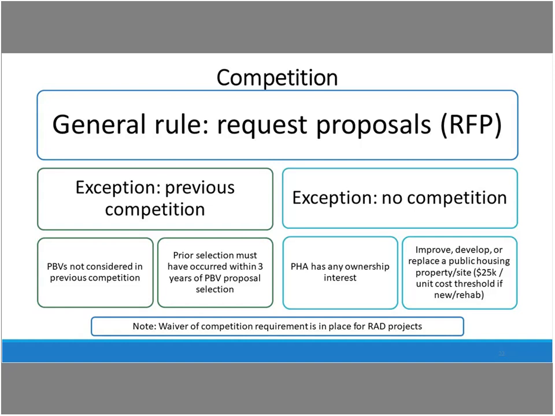A rehab property needs to spend at least $25,000 per unit. I'm going to pause on this one a second because it's important to go back to the question we talked about earlier about existing versus rehabbed. If it is an existing project, then this would not apply.